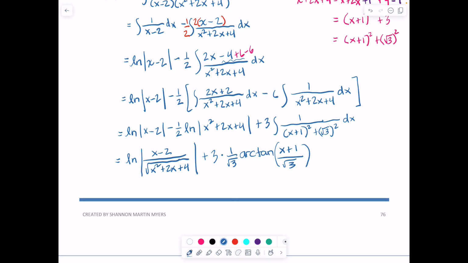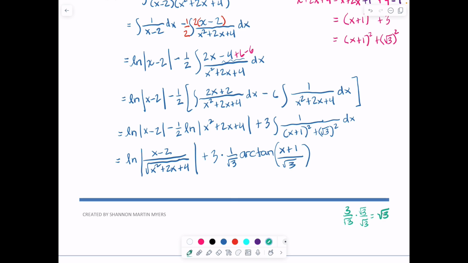Now 3 over root 3, if you look at it off to the side, just FYI, if you rationalize the denominator, would be 3 root 3 over 3, which is just root 3.